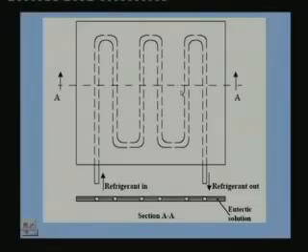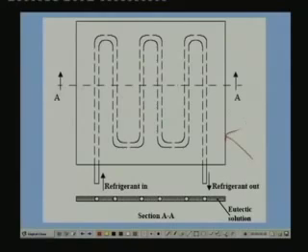So let me describe this. So you can see here, and this is the cross sectional view at A. So this is like a closed box in which the serpentine tube is sandwiched.